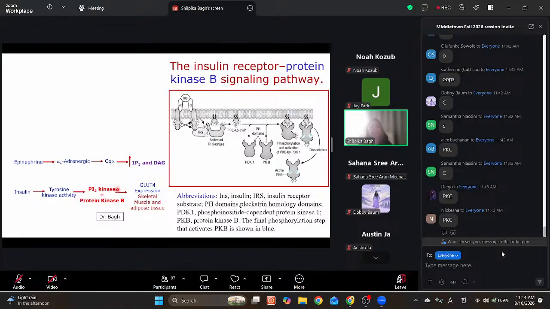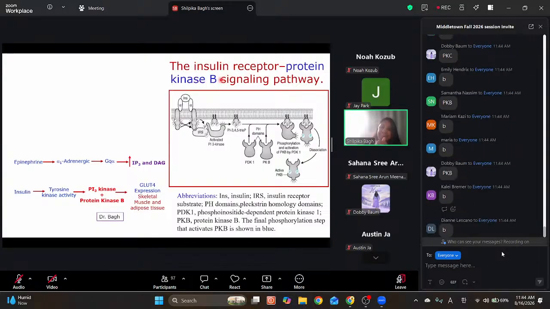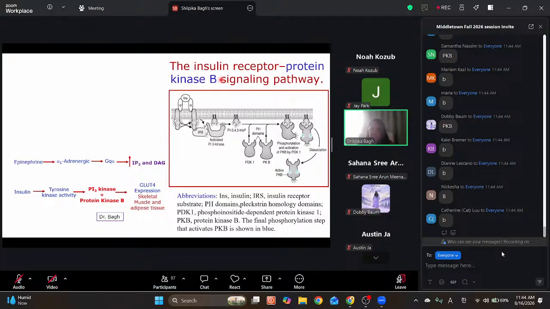Is IP3 the same as PI3? Which one is the second messenger, PI3 or IP3? IP3 is the second messenger, so you have to be very specific. We don't jump to protein kinase B. If insulin uses phospholipase C, it should be protein kinase C. If insulin is upregulating GLUT4, then it is protein kinase B. So with A, B, C, G and Gs, Gi, Gq, pay attention to the ligand.